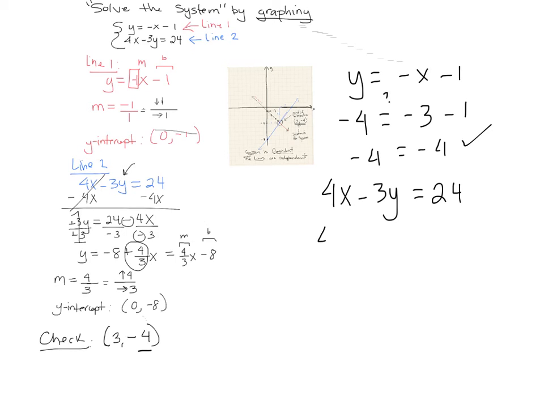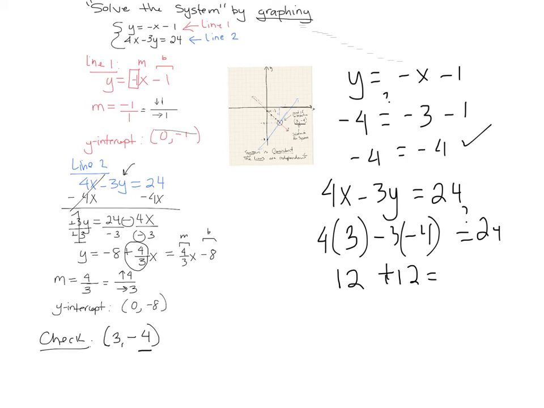Again, substitute x and y. Does that give me 24? Well, x is 3, y is -4. And yes, obviously this works because 12 plus 12 is 24, or 24 equals 24. This is important because this proves that this really is the point of intersection. Okay, so that's the big picture of this section.